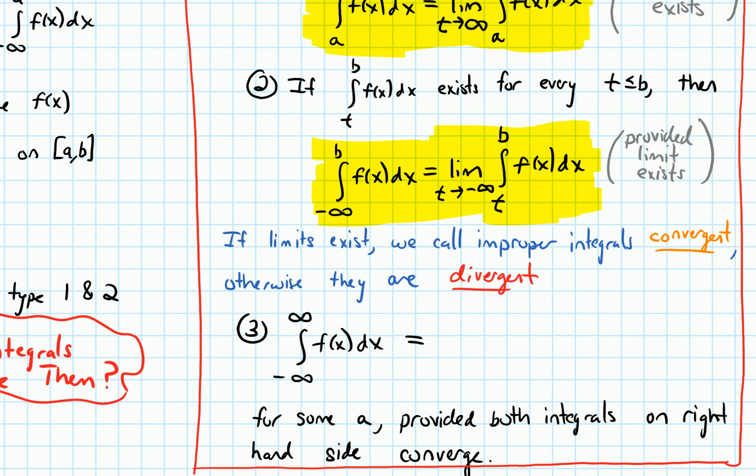In this situation, we split up our integral into two pieces: one that goes from negative infinity to a, where a is some number, plus another integral that goes from a to positive infinity of f of x dx. Let's highlight this one as well.